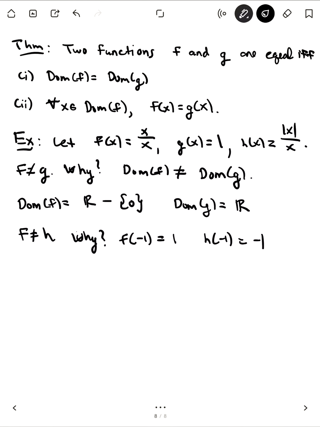And g does not equal h, because of both reasons, really, because both conditions fail. And so you have to think very carefully before you make a statement like two functions are equal.